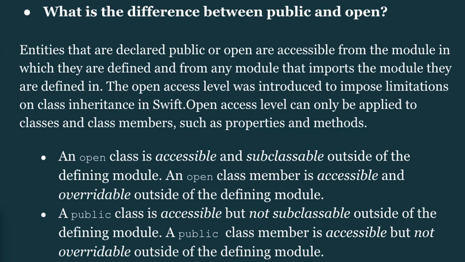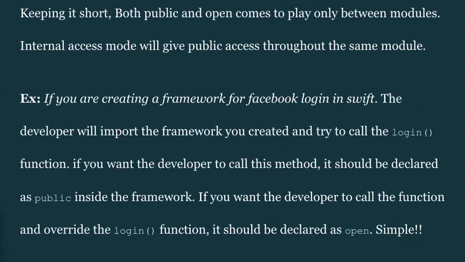An open class is accessible and subclassable outside of the defining module. An open class member is accessible and overridable outside of the defining module. A public class is accessible but not subclassable outside of the defining module. A public class member is accessible but not overridable outside of the defining module.